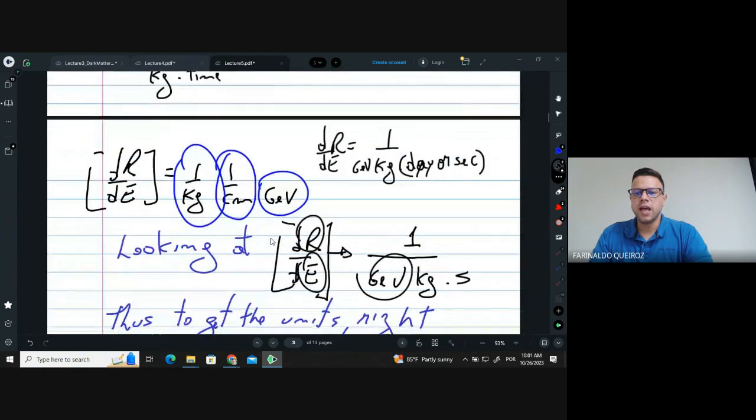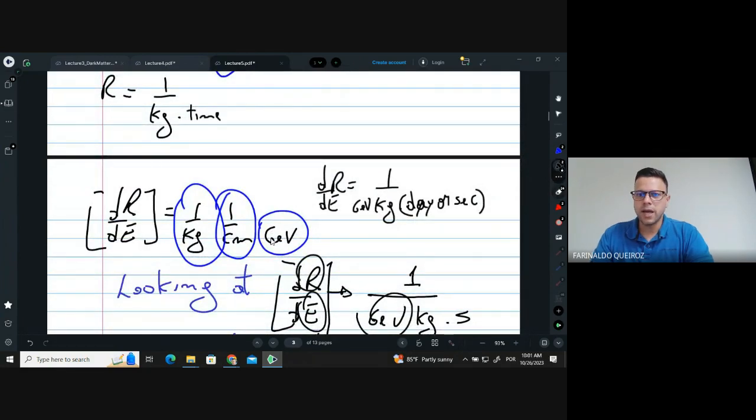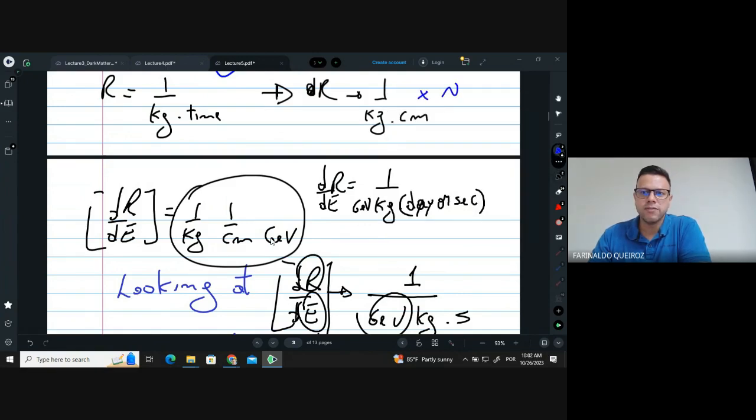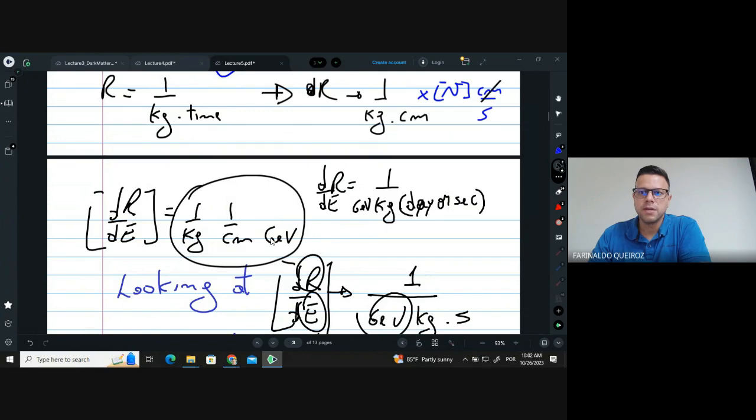But my formula is giving me 1 over kilogram per centimeter. So if I multiply this quantity by a velocity, which is centimeter per second, the centimeter cancels with centimeter, and second stays, which is exactly what I wanted in the first place: the scattering rate, 1 over kilogram per time.